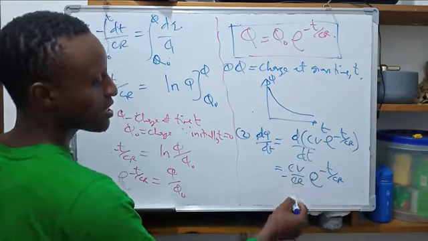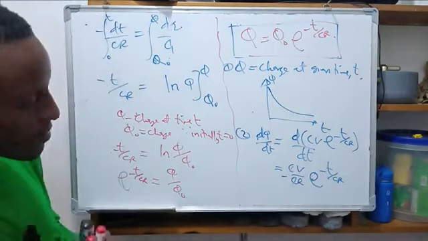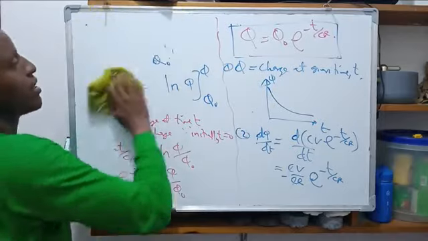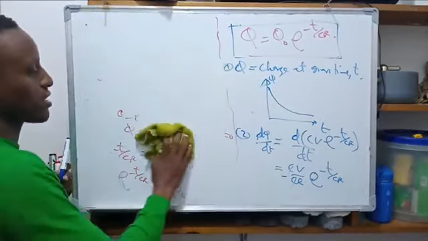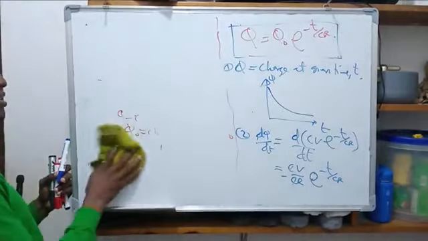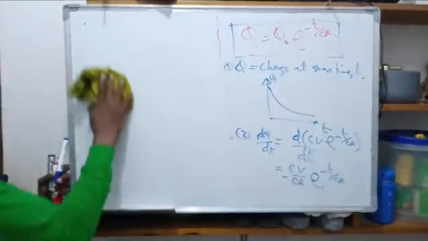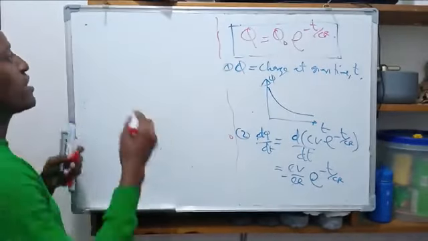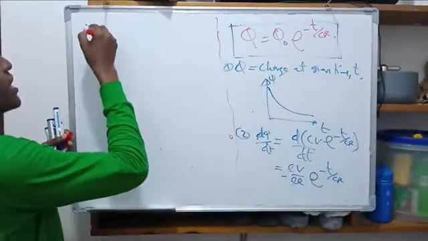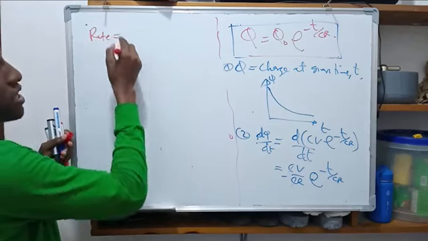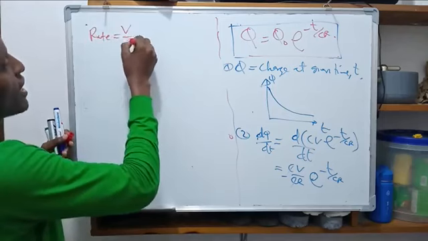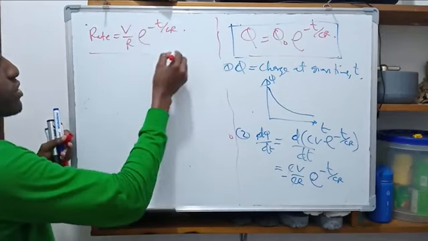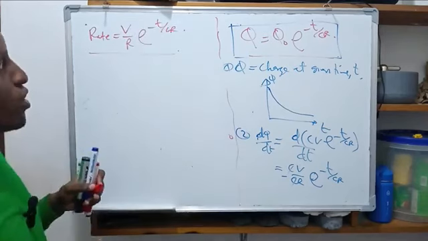Cancelling the C's, we can easily get V. So speaking about the rate of flow, the rate will just be V over R, then E negative t over CR. That's what we can speak about for the rate of flow of charge.